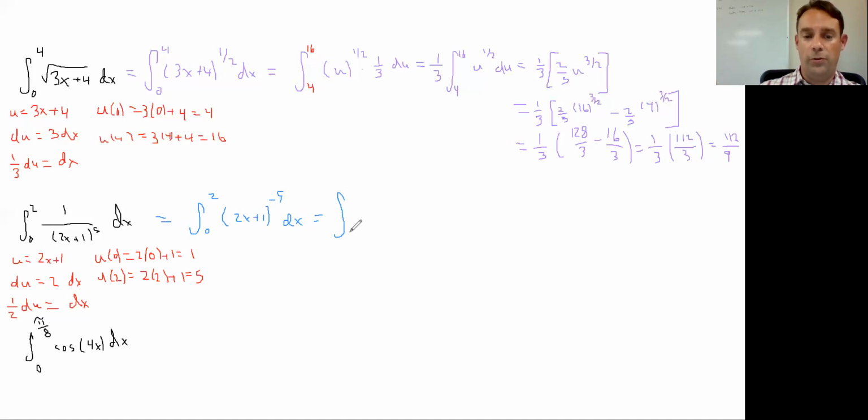Instead of 0 and 2, they're going to become 1 and 5. And that is u to the -5 times 1/2 du. So the 1/2 will go out front. At 1 and 5. U to the -5 du.